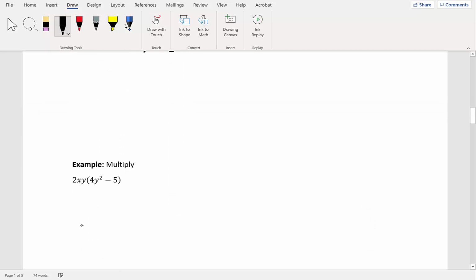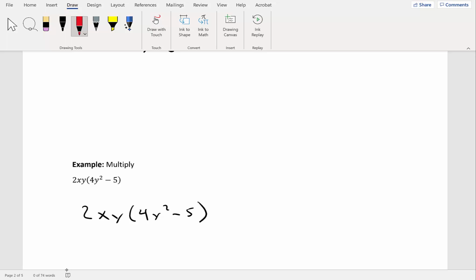Let's take a look at this next one. This is a little bit different. In the other two examples that we saw, we were multiplying two monomials with each other. In this particular problem, we're multiplying a monomial with a binomial. So this is 2xy times this whole binomial, 4y squared minus 5.